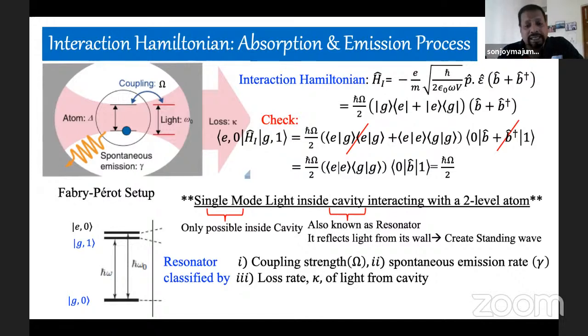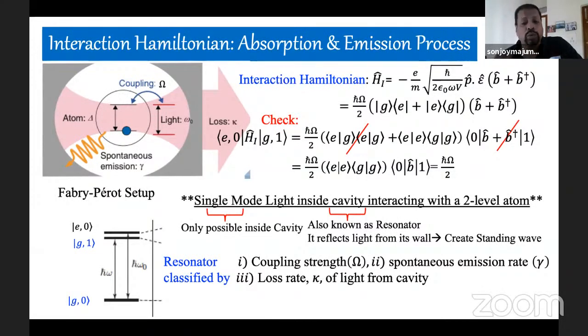The second thing is that once you have the atom in the excited state, there is a probability that it can spontaneously emit. So you have to control spontaneous emission. Experimentally, once you have the light inside, you need that light to be protected. It will be like an adiabatic process: no light can come inside, no light can go outside.